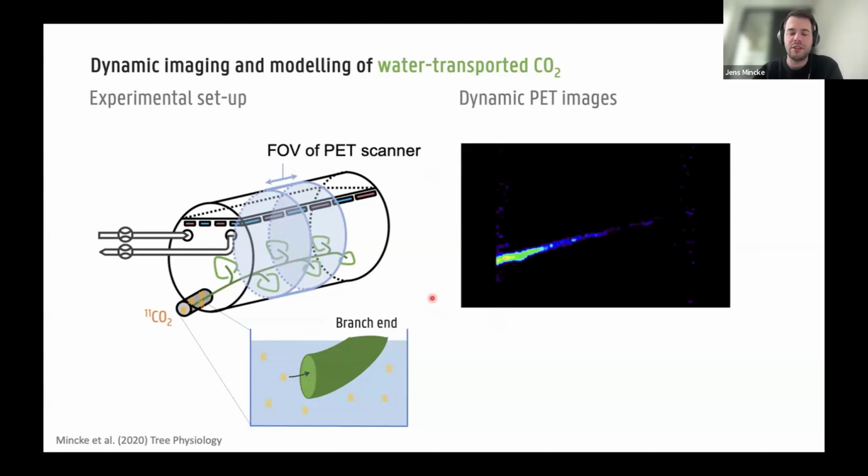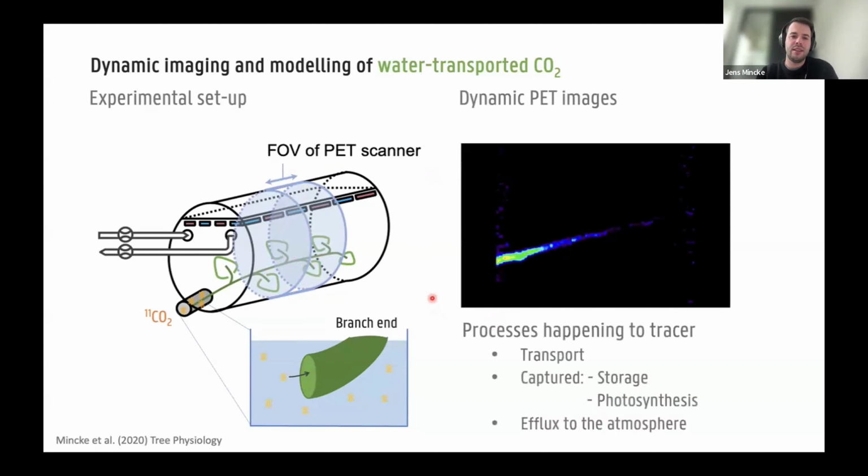From a physiological perspective, we can already know which processes are happening inside the plant. Of course, there is transport from this place to this place because we see activity. So the tracer should, in the first place, be transported. But as most activity is retained here, the tracer is also captured. A part can be stored as carbon dioxide, so the molecule dissolved in water, or this molecule can be photosynthesized.